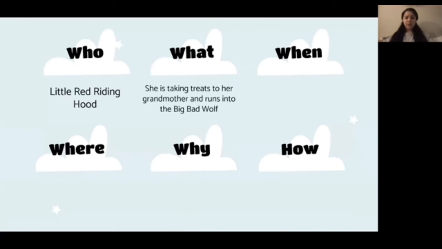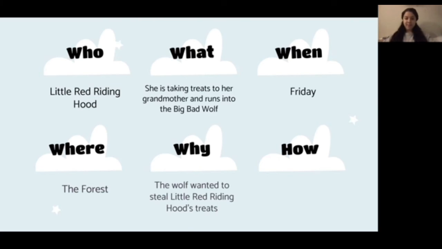When she finds the wolf dressed as her grandmother, she knows that it's because he wants to steal her treats. Our when, well, this happens on a Friday. Our where is the forest. And the why is the wolf was mad that the Little Red Riding Hood did not share her treats. Now, how did the wolf trick her? Well, he wore her grandmother's clothes.